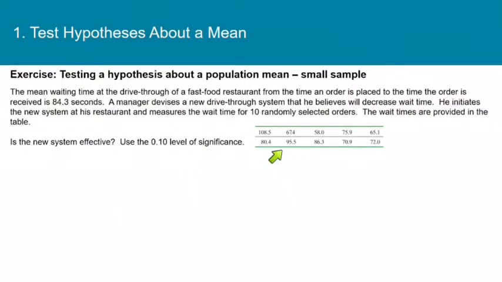Okay, so I've recopied the data here for us. Now you know that when we get ready to calculate our test statistic, the first thing we're going to need is the X bar and the S from this sample. So the easiest way to get those is to enter these 10 numbers into your calculator and use one variable stats to get them.